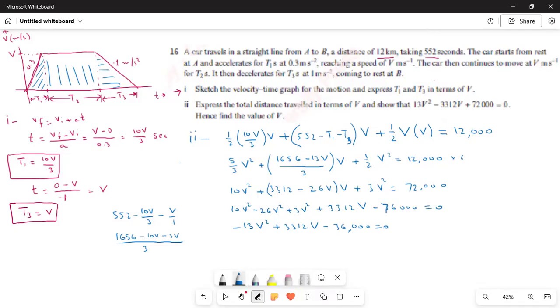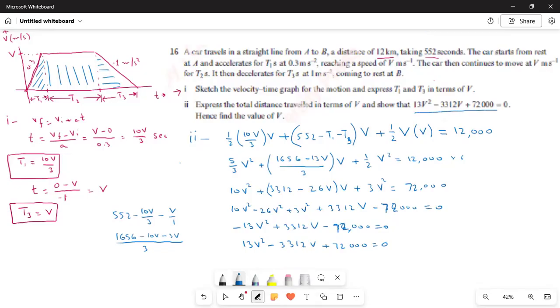So 12,000 times 6 is 72,000. If I multiply with the negative, it is going to be 13v squared minus 3312v plus 72,000 equals 0. Okay, so this is what we have to prove.